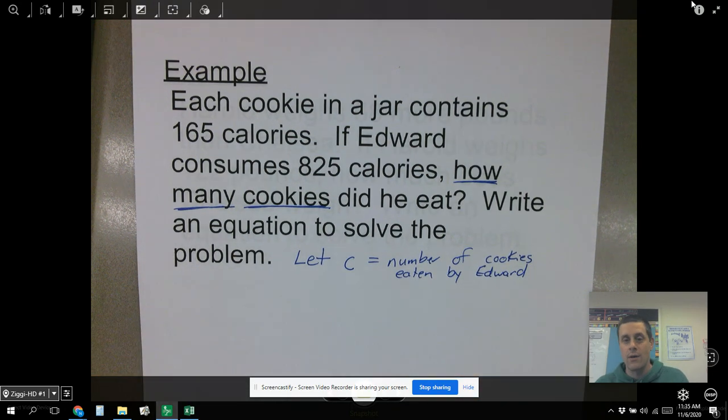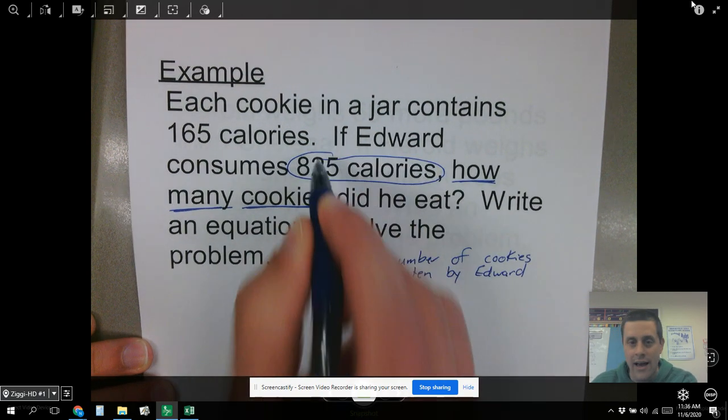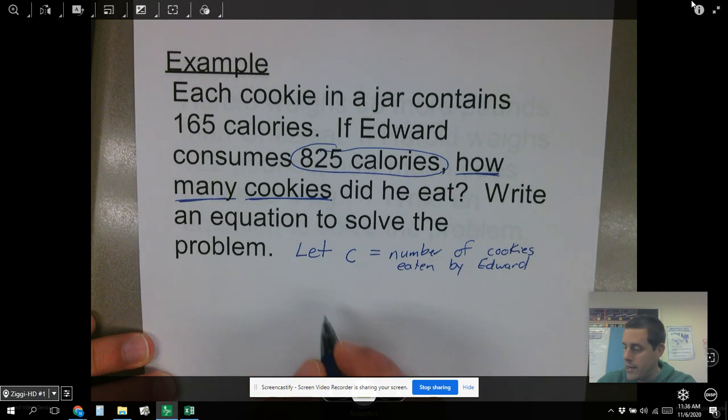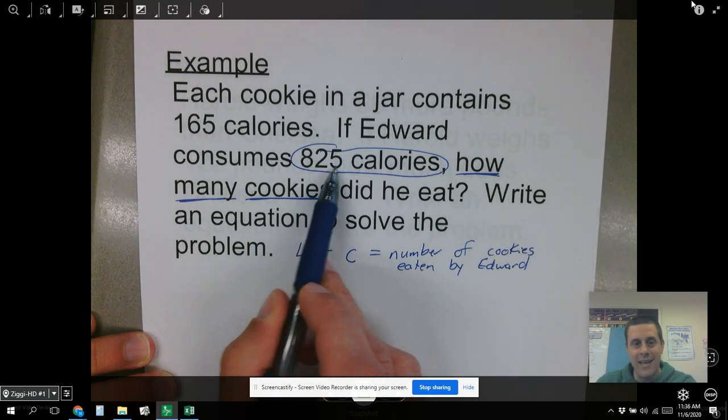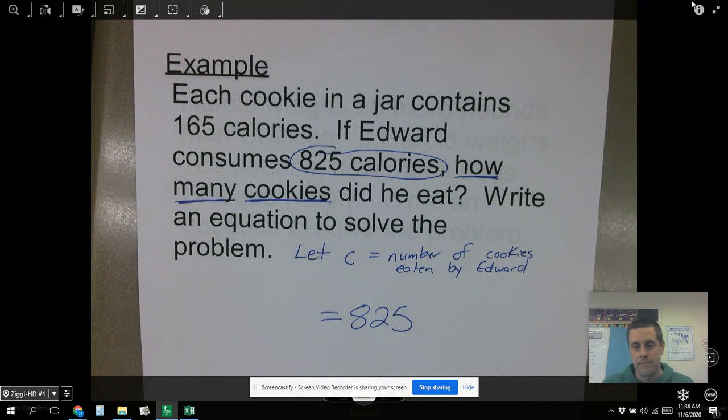So we know that C will represent how many cookies Edward eats. Second step, what is the outcome? What is the result? What are we going to set our equation equal to? That occurs right here. Edward consumed 825 calories. So I'm going to set up an equation with my equal sign, and I know the result of my equation is eating 825 calories. So I'm going to set my equation equal to 825.